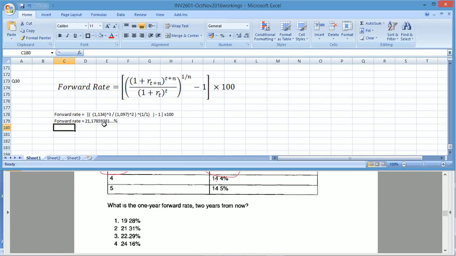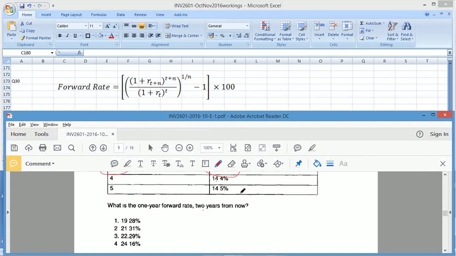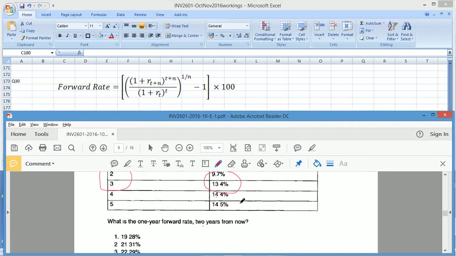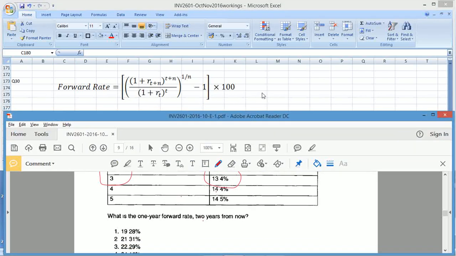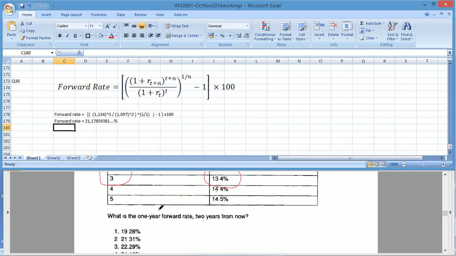21.17. Did I put this in correctly? Let's go back and check. Was it 1.13? 1.134. Yes, I've got 1.134. That was to the power 3, and then 1.097, yes, to the power 2. Yeah, that's all right. So here the decimals are slightly out.